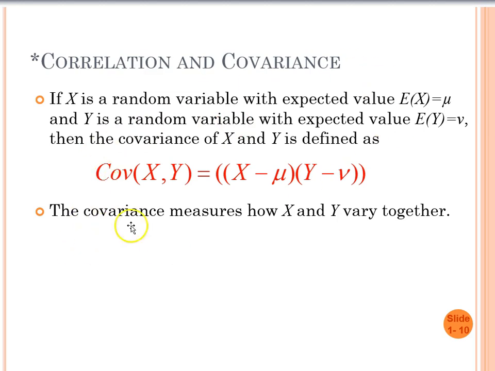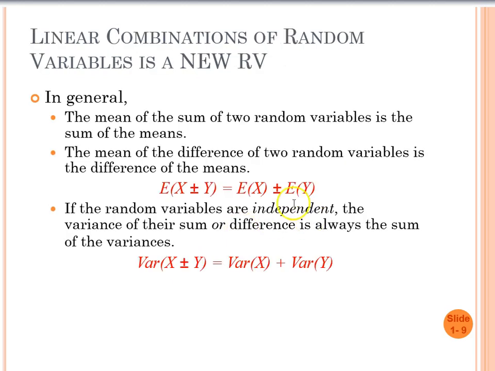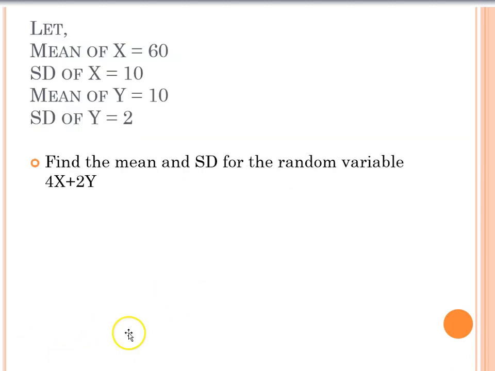But again, because this is much more complicated and requires much more math than we are focusing on in this class, we're going to assume that we're dealing with independent events for our problems. And so we can simply add up those variances and not have to factor in the relationship between those two variables. So let's work through a few problems so you can see these linear combinations of random variables in action.